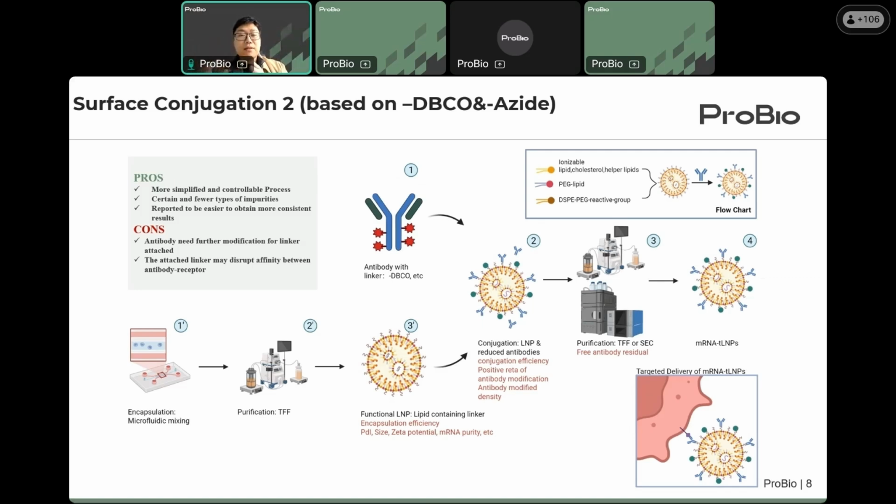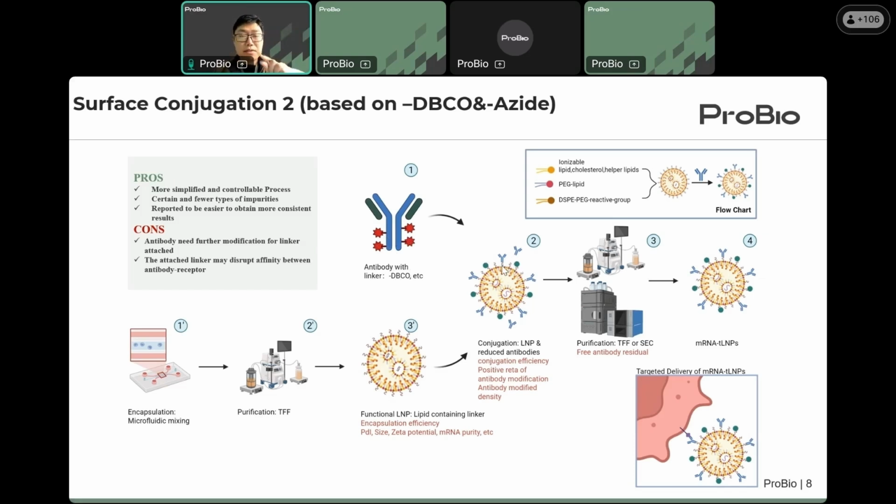This one also gives you a very straightforward and highly controllable process. The impurities of each step are very clear, so they are easy to detect and easy to purify, and it also gives very consistent results. However, if you pay attention to this illustration, you will see we introduce a DBCO chemical group here. This DBCO won't be removed after the conjugation, so it goes with your tLNP.